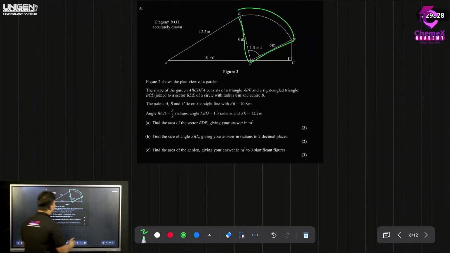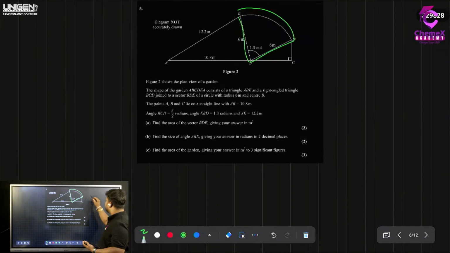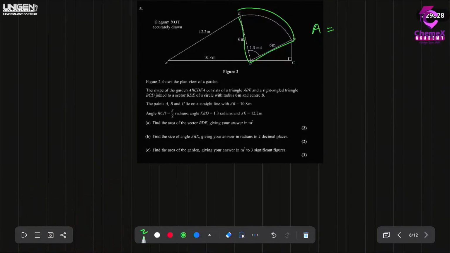So can you see BDE is a sector? So what's the area of a sector equation? Area equals what? If you can remember the radian lesson, you know well. What's the equation of a sector? Area equation for a sector is what?